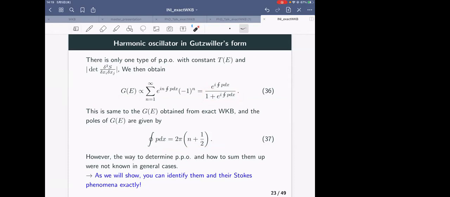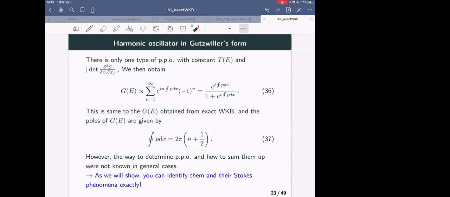So essentially, this Gutzwiller trace formula is the same as Bohr-Sommerfeld quantization, but the reason why the result becomes very simple is just that we consider a harmonic oscillator.